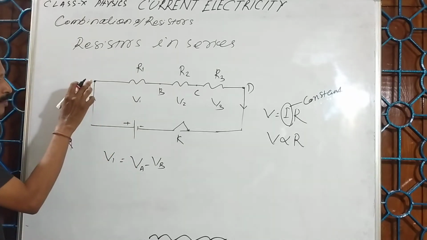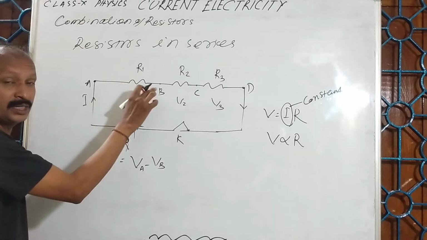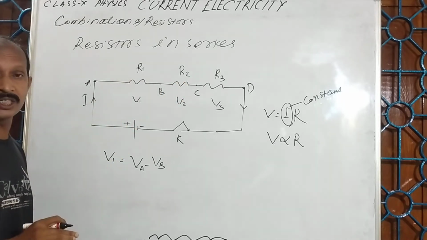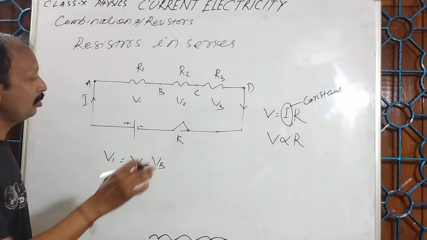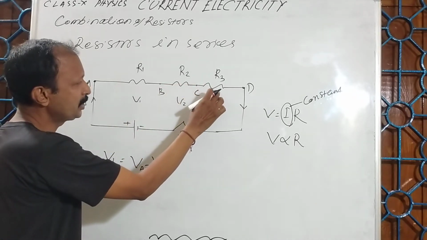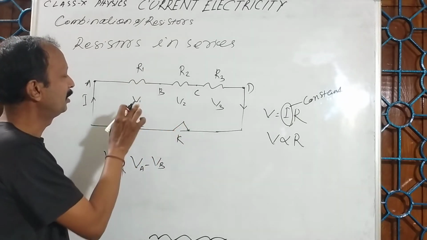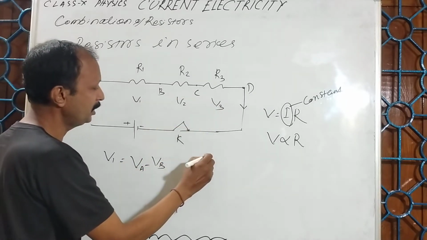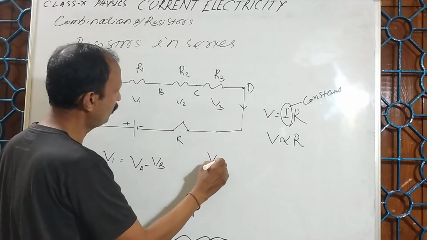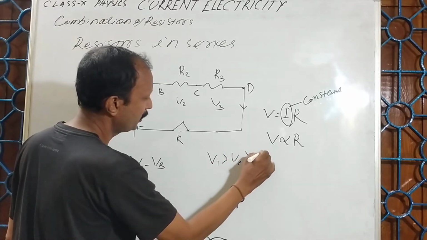So this V1 is more than V2, and it is more than V3, because when the current is flowing, it is flowing from the end A to D. So it is passing through different resistances. So there will be a voltage drop. So how much voltage here? Here it will not be the same voltage. If it is V1, V2 and V3, I can say that V1 is greater than V2 greater than V3.